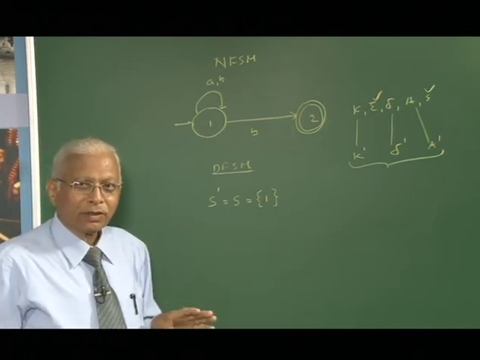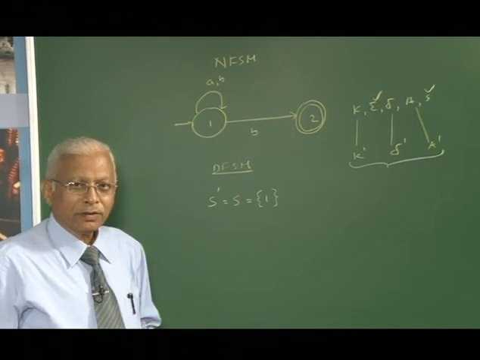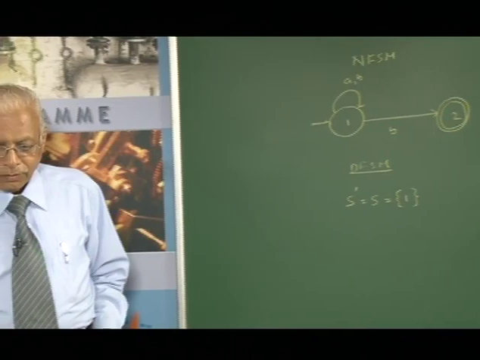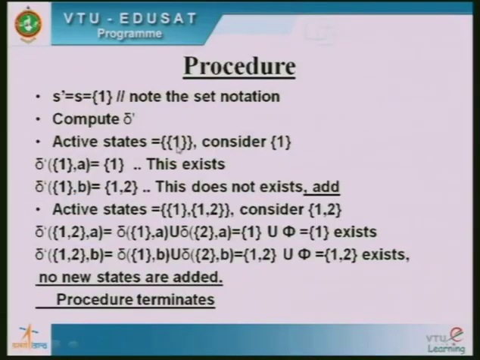So, this is considered as an active state. Okay, the active state is 1. So, I have this. And first, you have to compute the set of active states. So, first the start state will be there as the only active state, and consider that one start state and see what all the transitions are that are possible.